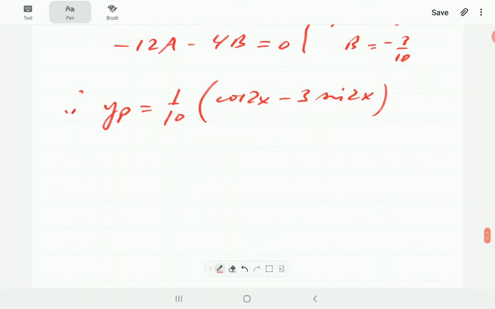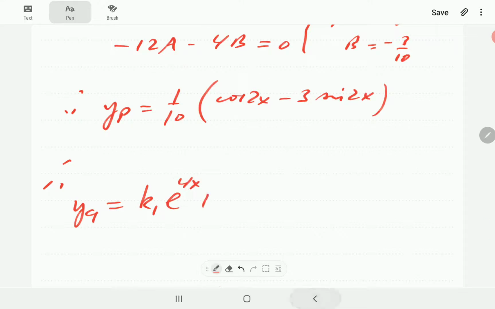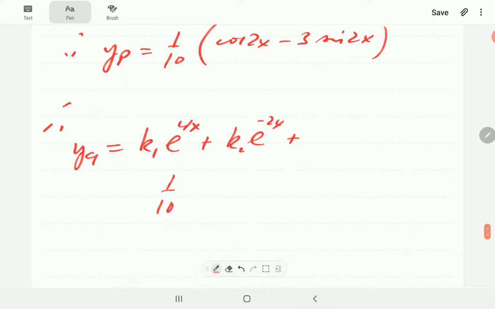Therefore the general solution is going to be k1 e to the 4x plus k2 e to the minus 2x plus 1 over 10 into cosine 2x minus 3 sine 2x.